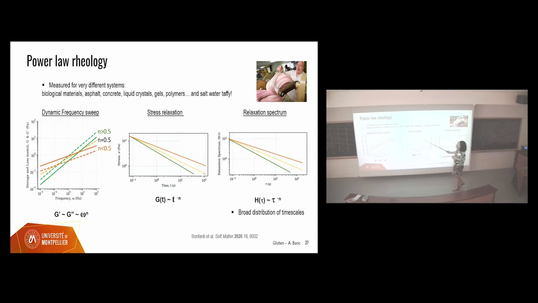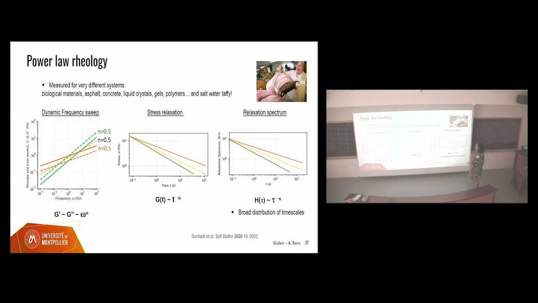This power law rheology is measured in many different systems. So the salt water taffy, gluten, but also biologic material, asphalt, concrete, liquid crystal, gels, polymers. So you cannot define the structure of your sample from the fact that you have a power law rheology.